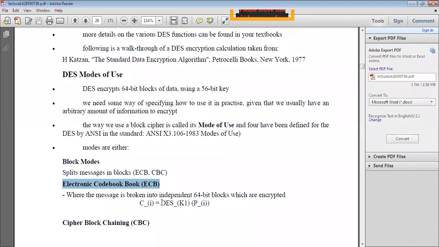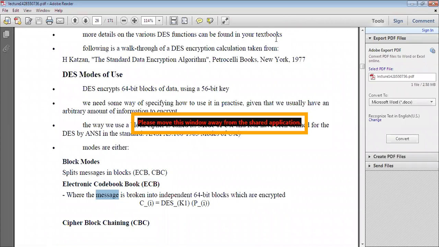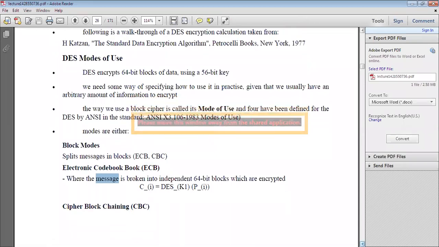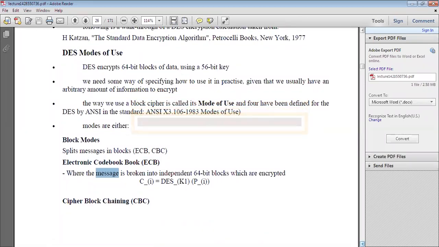So here, before encrypting the data, the entire message in plain text, you have to break into 64-bit independent blocks and encrypt them. That is the DES algorithm you apply, so 64-bit blocks can be encrypted. Those 64-bit blocks you give as input to the DES algorithm.